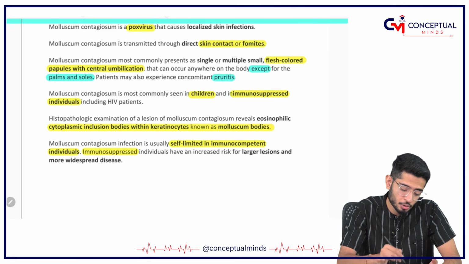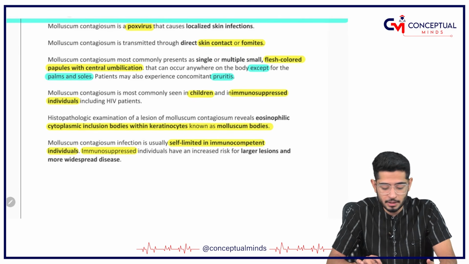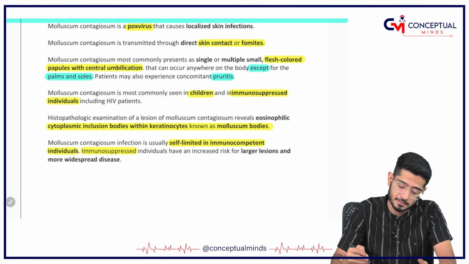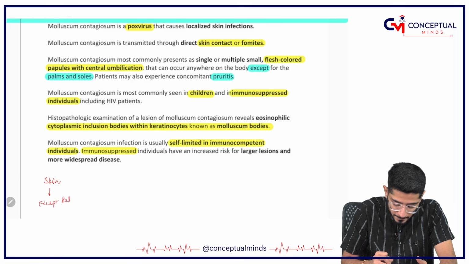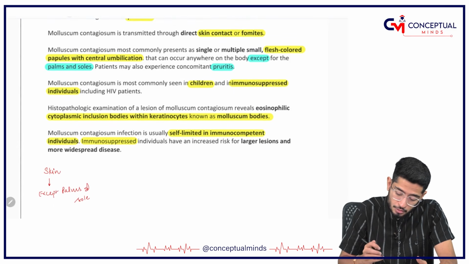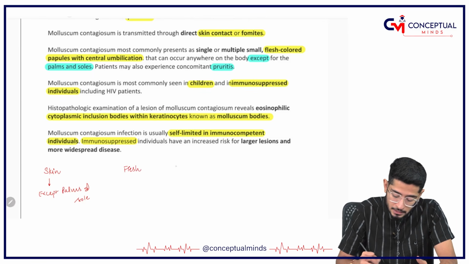Clear? So, giving you a summary of Molluscum Contagiosum, remember it is a pox virus, it spreads via skin contact, it can go to any part of the body except palms and soles, okay. Then you should know that it is a flesh colored one, with central umbilication.